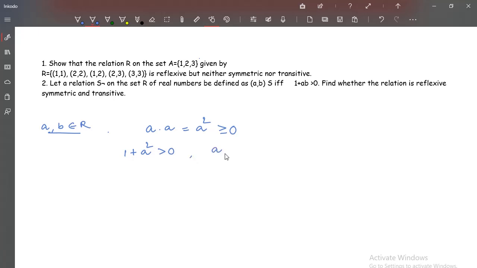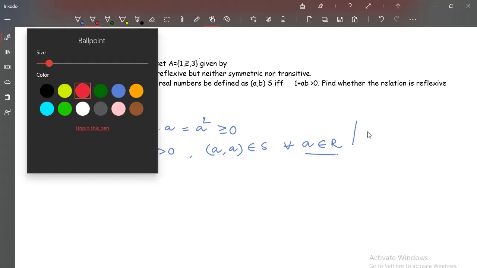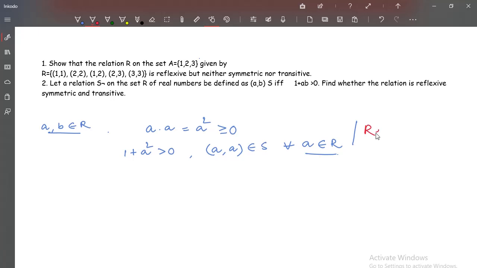So (A, A) belongs to the set S for every A belonging to R. So this relation is reflexive. This is for reflexivity.